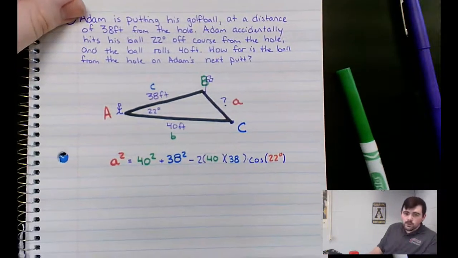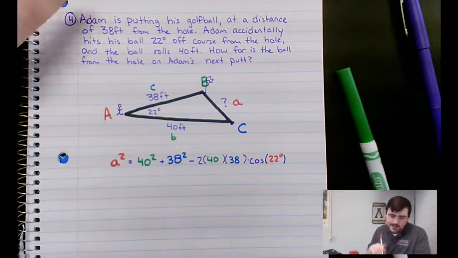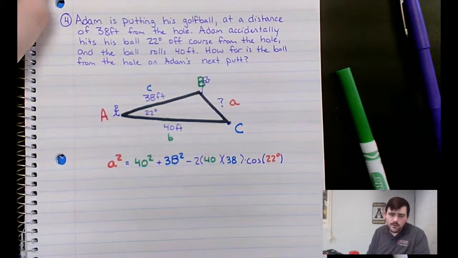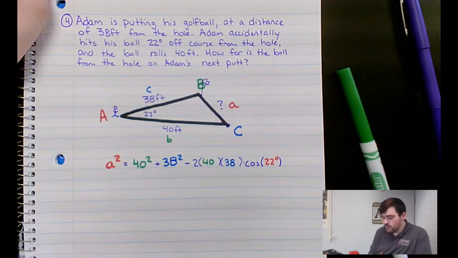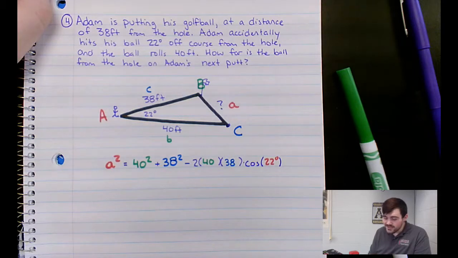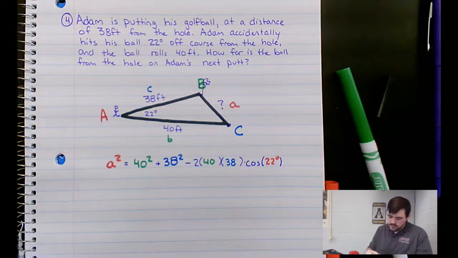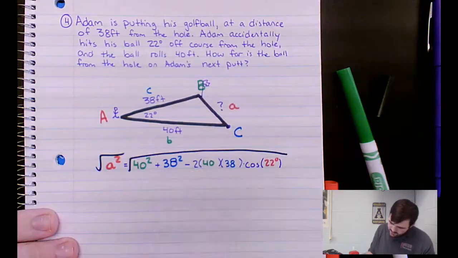Now if you remember, I'm solving for this side length. Now I could have called it A or X or D for distance of the ball or whatever. Okay, it's just a placeholder. If you remember with this type of problem before, all I gotta do is take the square root of both sides. So let me just take a square root of a squared and a square root of all of that.